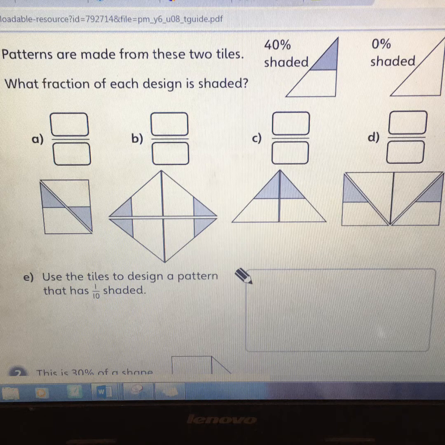So, if you look at A, we'll go through the first one together and then I'll let you do B, C, D and E. So, for A, you've got 2 of the shapes where the 40% is shaded. So it would be very easy to say, oh, well, I've got 40%, 40%, I've got 80% shaded. But what you've got to think about is what is the whole. So you've got 40% out of 100, and then you've got another 40% out of 100.